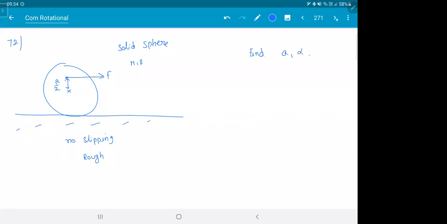Find acceleration, alpha, speed, and distance after time t. We have done this thing. We used to apply force on the top. Now we are applying it at R by 2.